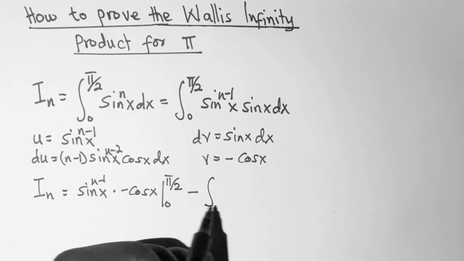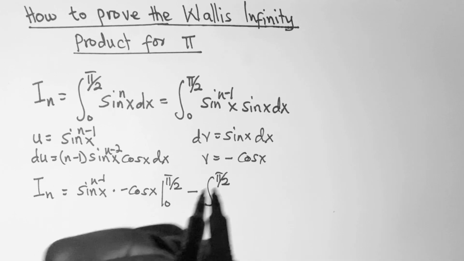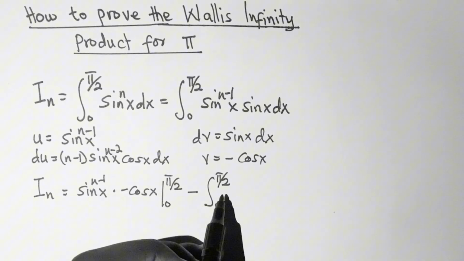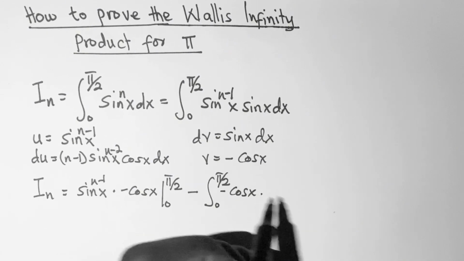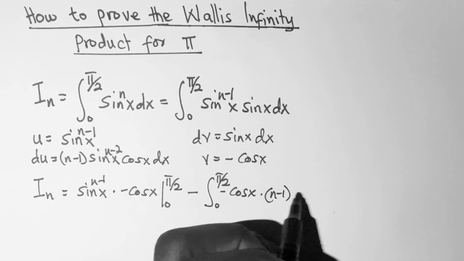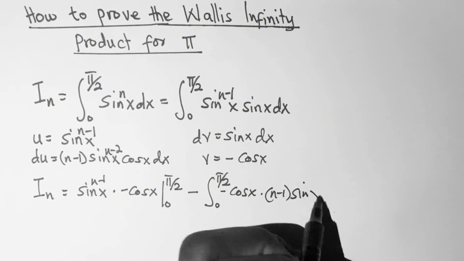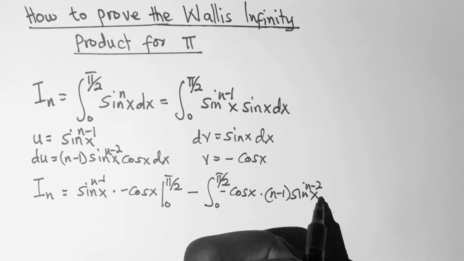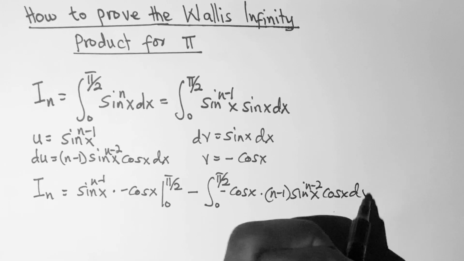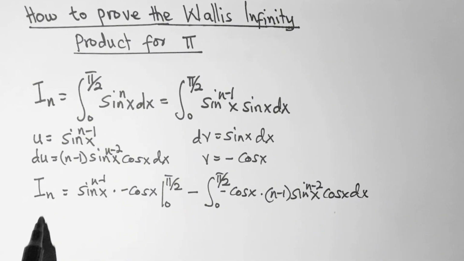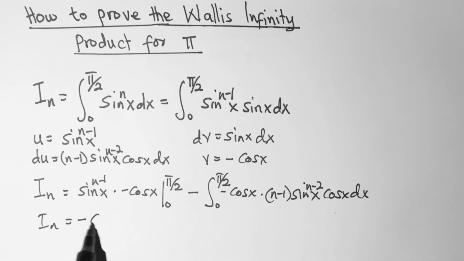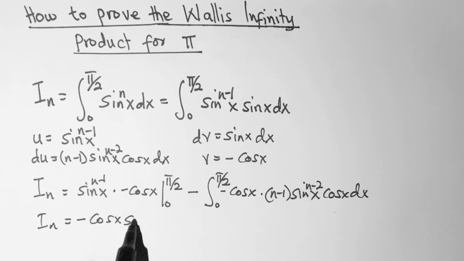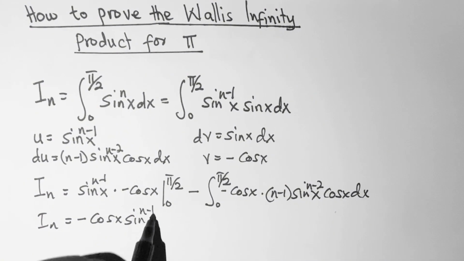Then minus the integral from 0 to pi on 2 of v du. v is minus cos x, then du is n minus 1 times sine x exponent n minus 2 cos x dx. So now, I of n is equal to minus cos x sine x exponent n minus 1, evaluated at 0 and pi on 2.